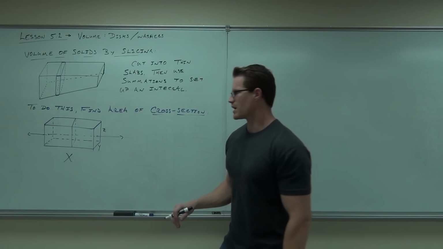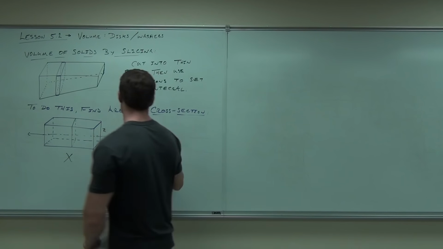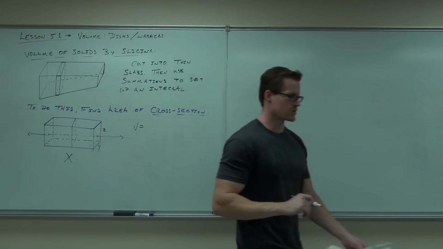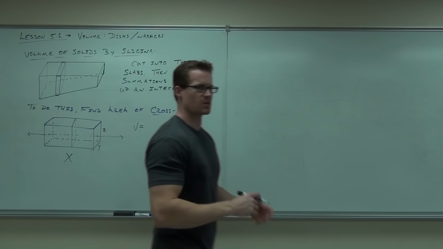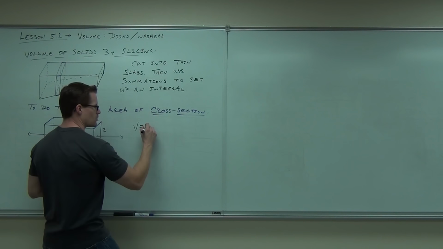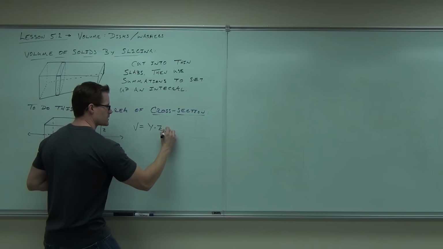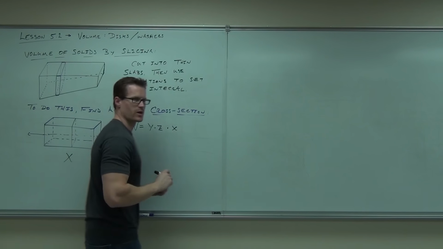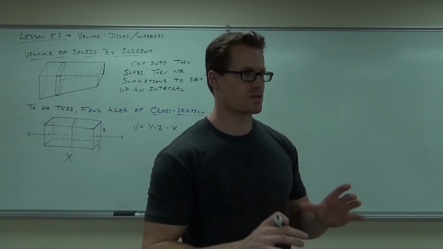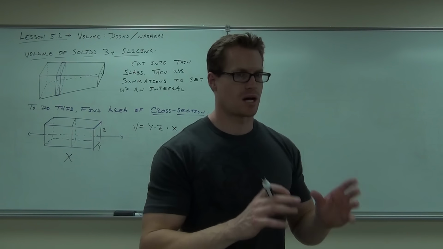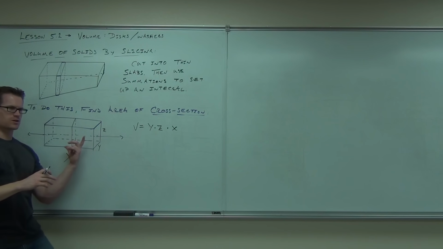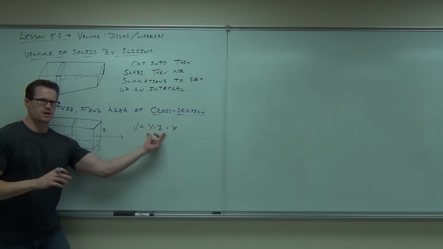So check this out. If I asked you to find the volume of this whole thing, here's how you do it. You'd probably say, oh, well, I know the volume of a rectangular prism. The volume of a rectangular prism is just the base times the height times the width. So basically, it's the Y times the Z times the X. Do you follow me on that? Now I'm going to prove to you that this is the cross-sectional area times the length. Do you agree that this is the volume of this figure, no matter what? What's Y times Z?